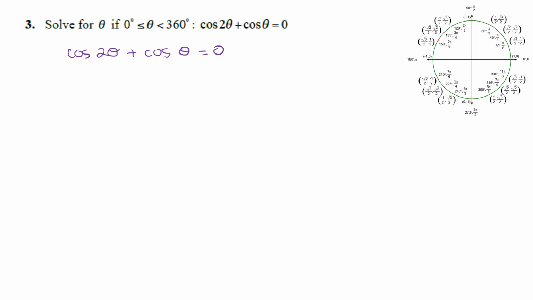I'm going to utilize the 2 cosine squared theta minus 1. And I'm utilizing this so that I, 1, have all the same trig functions, and 2, I would have written my equation as a quadratic.